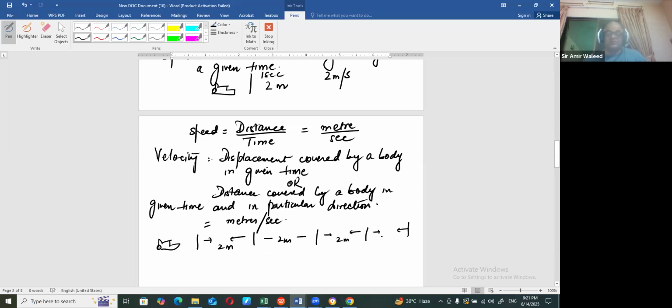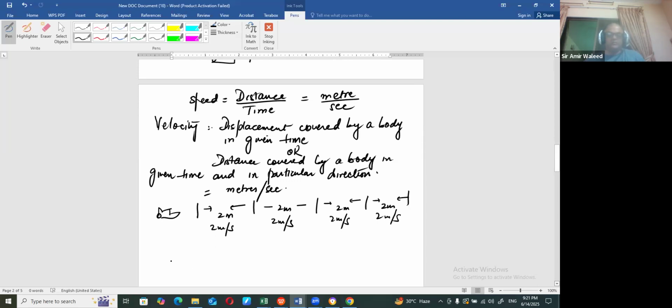By the way, practically it's not possible, but let's take it as an example. So for the first second, the speed will be 2 meters per second. For the second, the speed will be 2 meters per second. And for the next one, it will be 2 meters per second and 2 meters per second. So technically speaking, the body is covering an equal distance in equal interval of time.